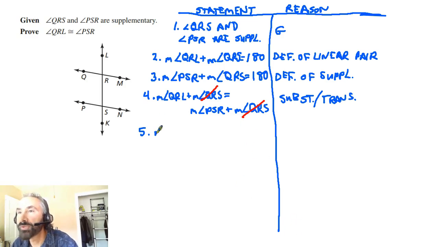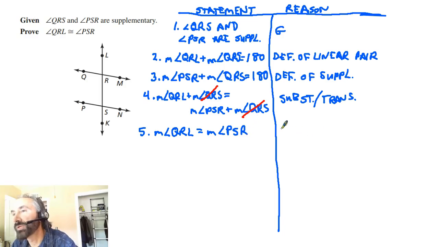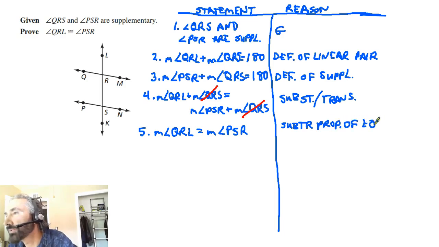Measure of angle QRL equals measure of angle PSR, and that is because of what property? Did you already guess? The subtraction property of equality. It's kind of interesting that this pops up even in geometry, but it does. Subtraction prop of equality.